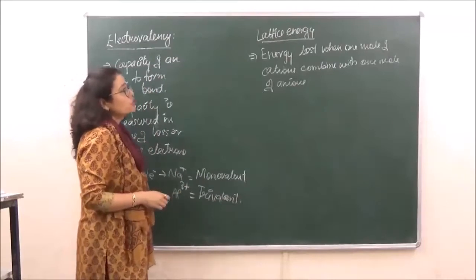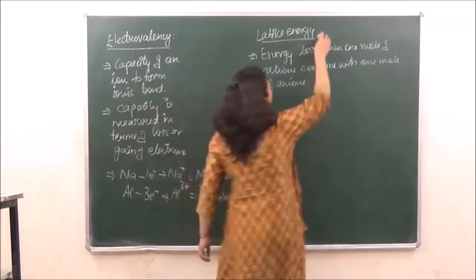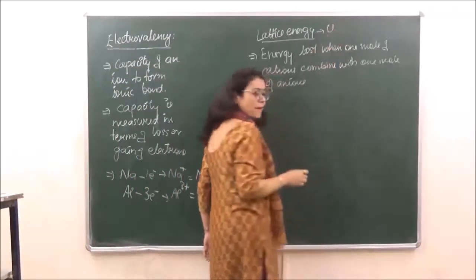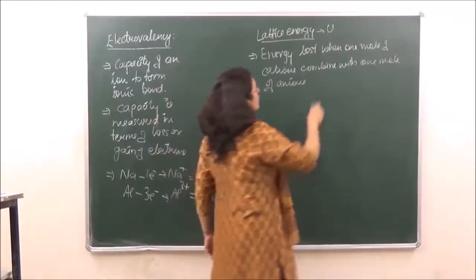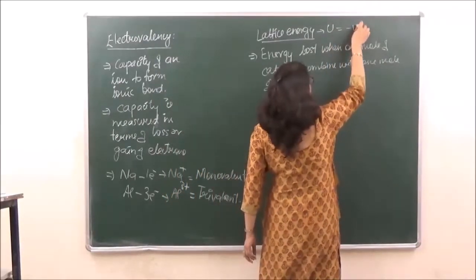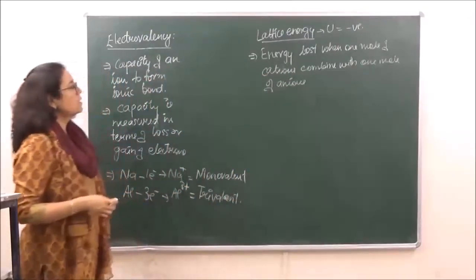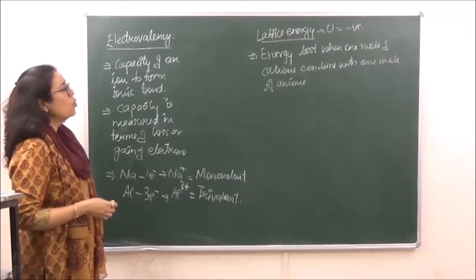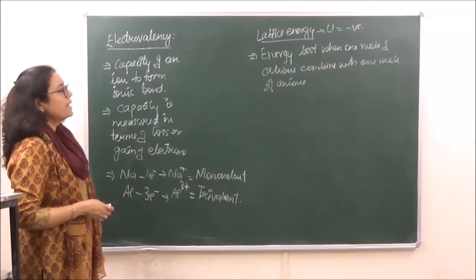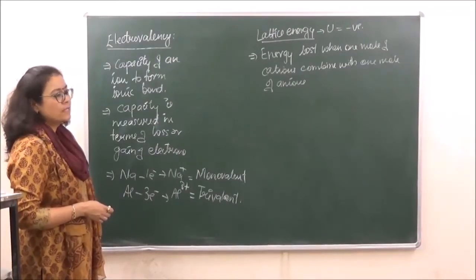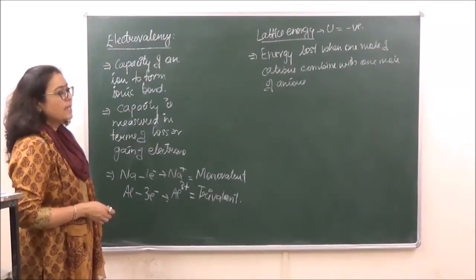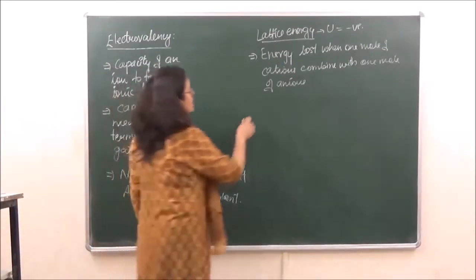We can represent lattice energy by U, and lattice energy is the energy released, so it is a negative entity, because it is the energy lost when 1 mole of cations combines with 1 mole of anions. Now how do we measure the lattice energy?